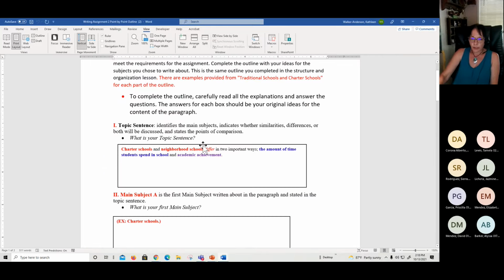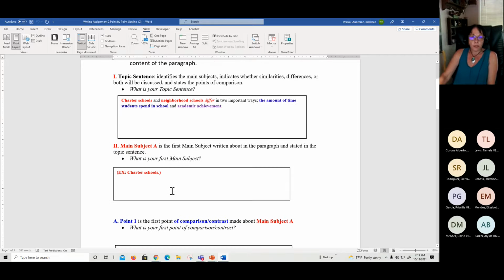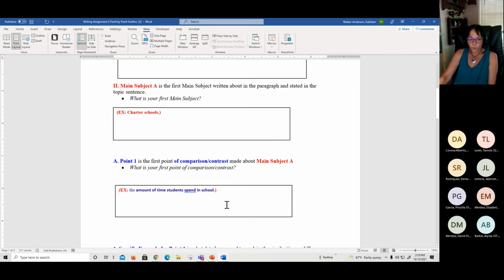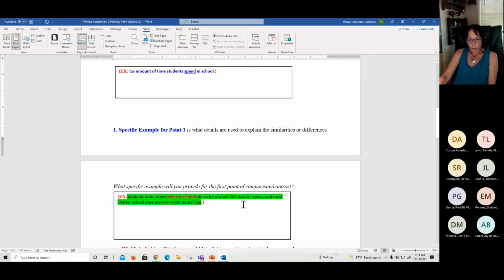Topic sentence, in this case, the main subjects are charter schools and neighborhood schools differ. So it indicates some similarities or differences. And here's the 2 points of comparison: the amount of time students spend in school and academic achievement. So still put the main subject, your first one. First point of comparison, it's the amount of time students spend in school. And a specific example for that, this comes from the example essay.